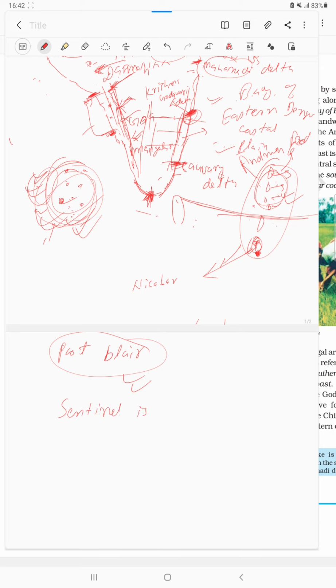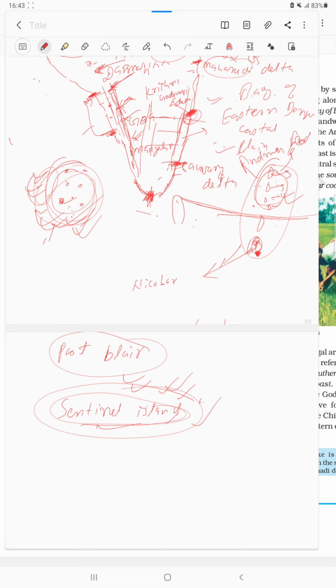What are the important things about this island? This is in Indian territory, but the Indian government does not interfere in the society of the people who live here.